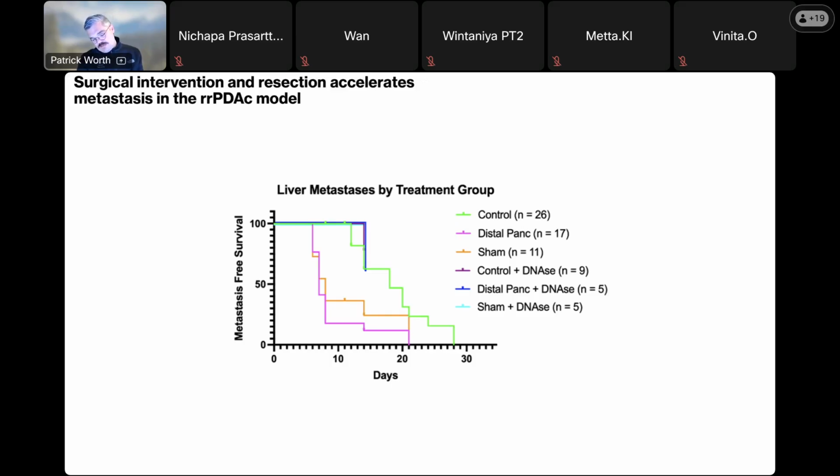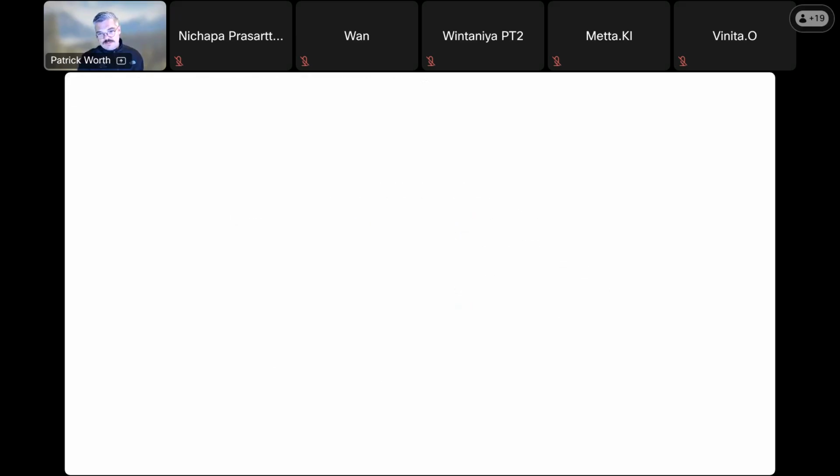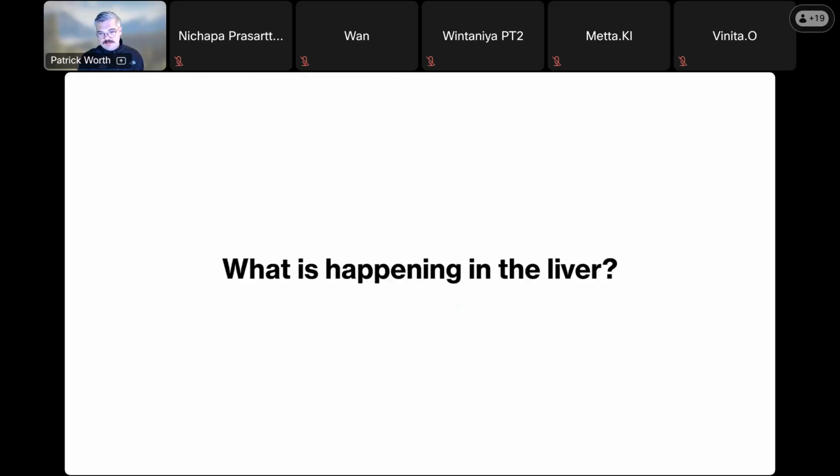So we've investigated the primary tumor. We've looked quite a bit at the tumor microenvironment and cells around the primary tumor. Our next question really was what might be happening in the liver. There's a whole body of literature around the transcriptional changes that take place and the changes in the metastatic microenvironment that can influence tumor colonization, development, and outgrowth.